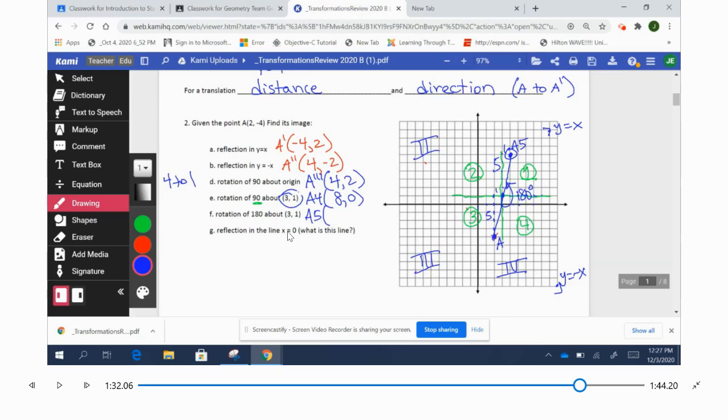All right, reflection in the line x equals 0. This is a little bit tricky, but it's the y-axis. Let's not get confused. X equals 0 is a vertical line. Any line that has x equals a number as the equation is a vertical line. So x equals 0 is going to be this vertical line, the y-axis.